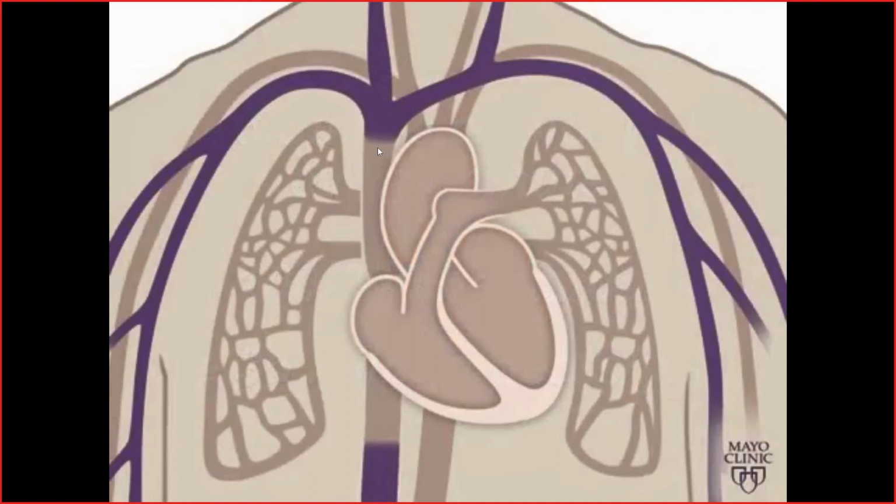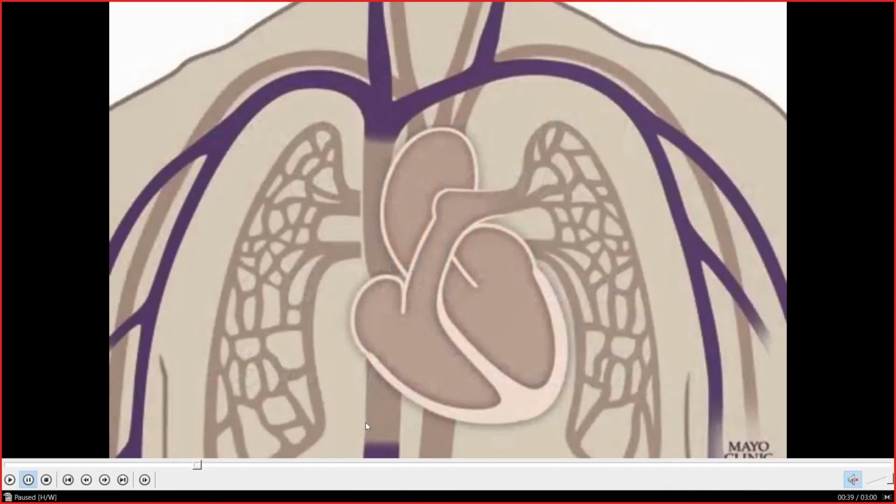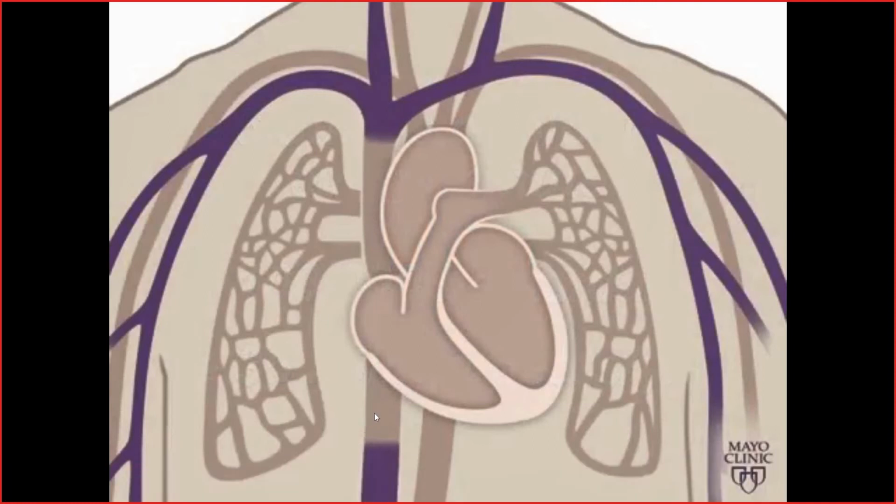If you remember from the picture that we just showed, this is called the superior vena cava and this is called the inferior vena cava. These two veins collect the blood and then send it to the right atrium.